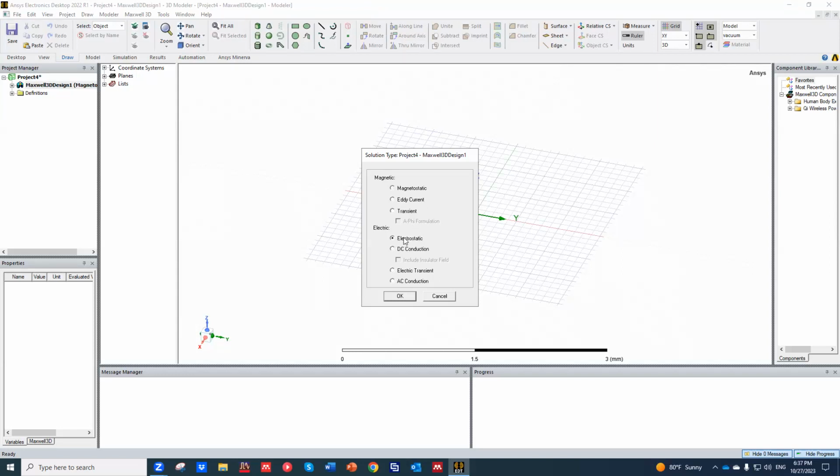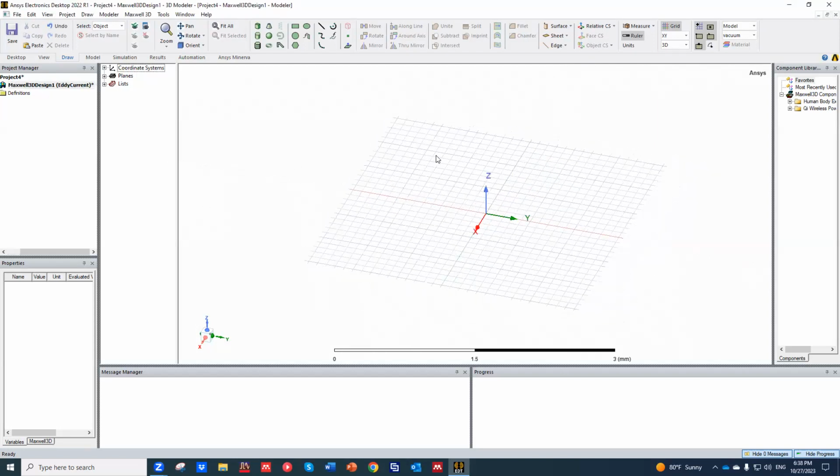The electrostatic one we discussed last time. Oh, something happened. Do you see my screen? Yes, we can see it. Okay, all right, so this time we select this AC current solver.